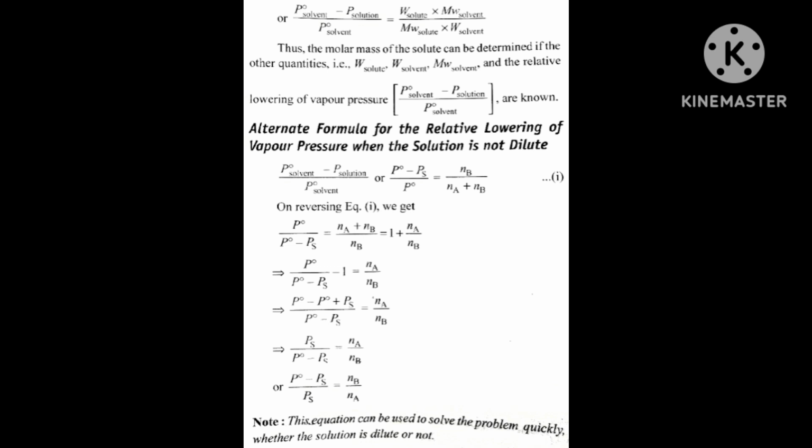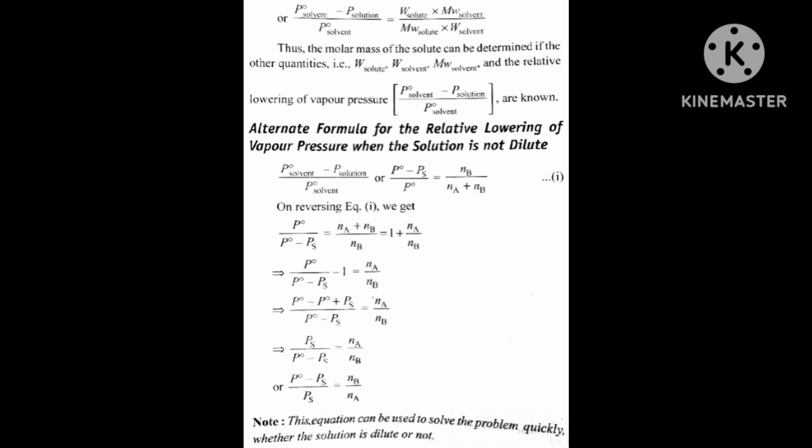The first relation I told you at the beginning was P1 is equal to x1 into P1 naught. Now in delta P you have put the value of P1, and you are getting delta P is equal to x2 into P1 naught, because 1 minus x1 is equal to x2.